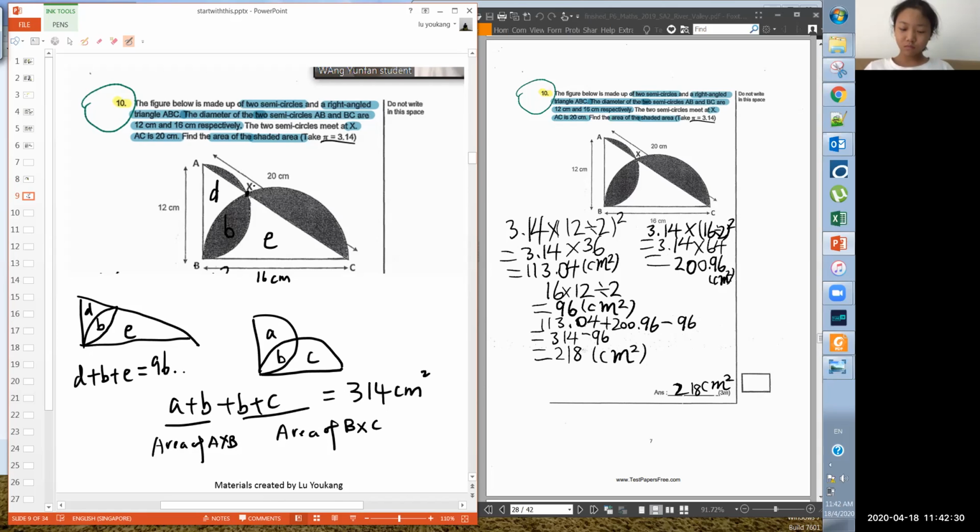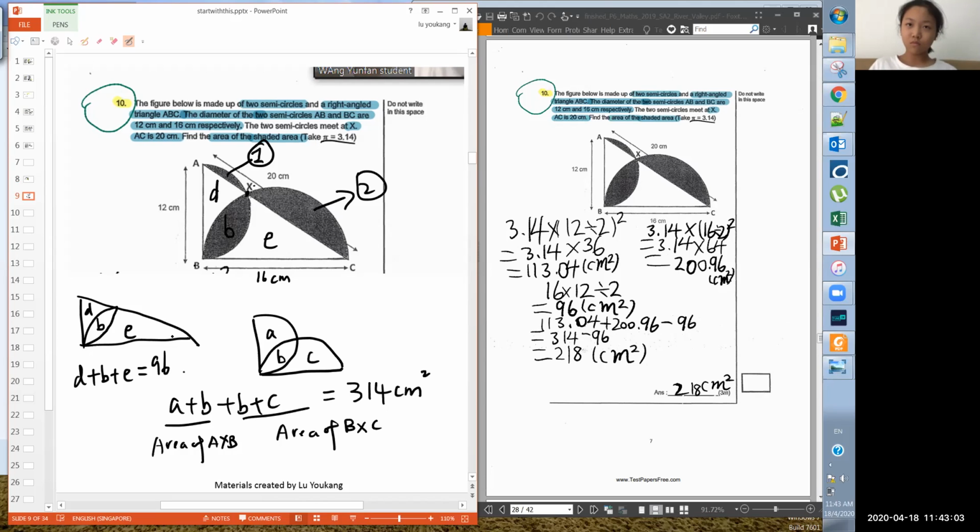So actually, what you can do is very simple, because you can actually find out your region 1 and region 2. How do you get this region 1? How do you get this region 2?